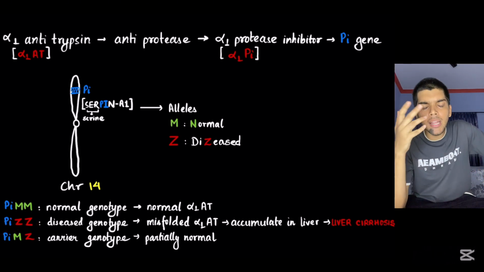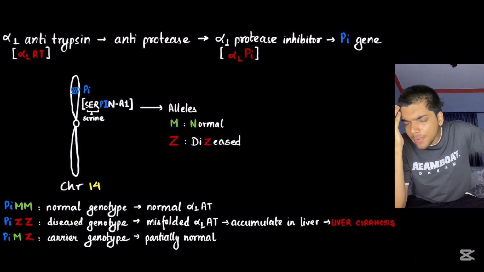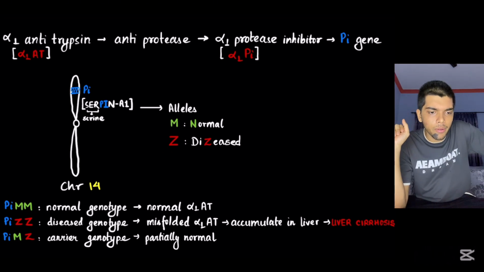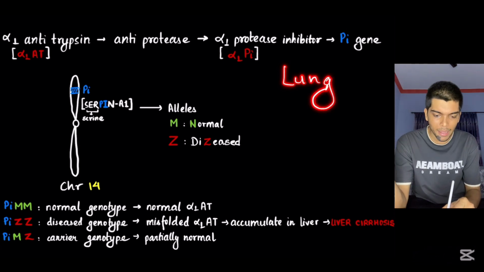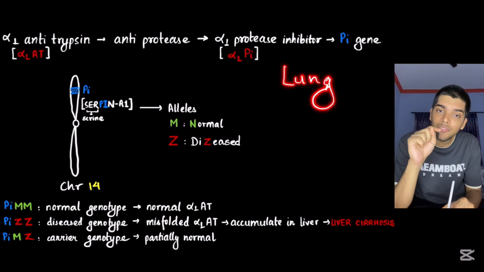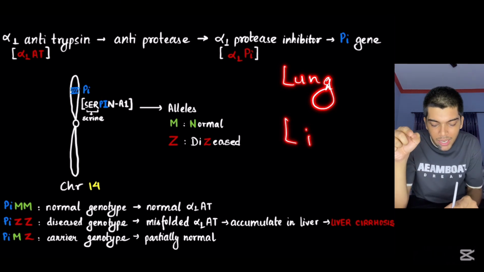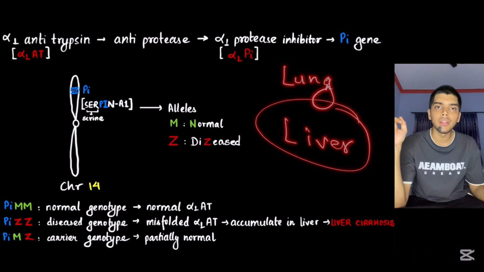Another question that arises is that in emphysema, which two organs are affected? The lung is affected because emphysema is a lung pathology. But if the emphysema is due to alpha-1 antitrypsin deficiency, then your liver is also affected. How?